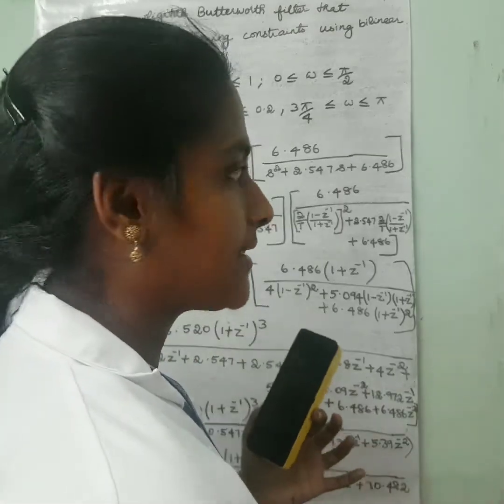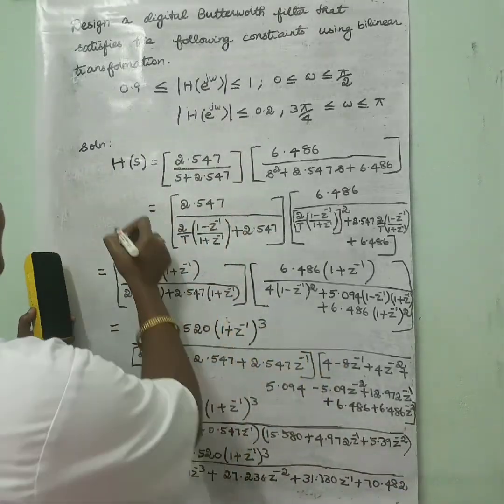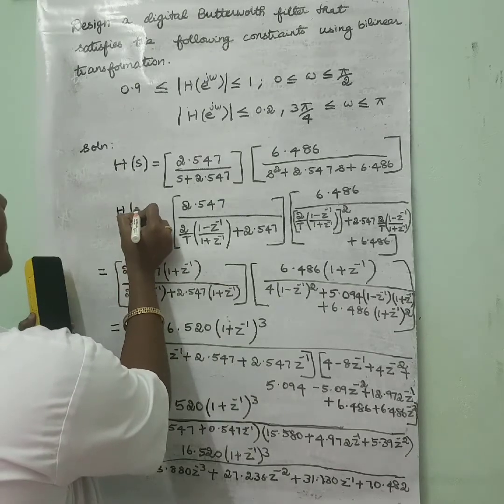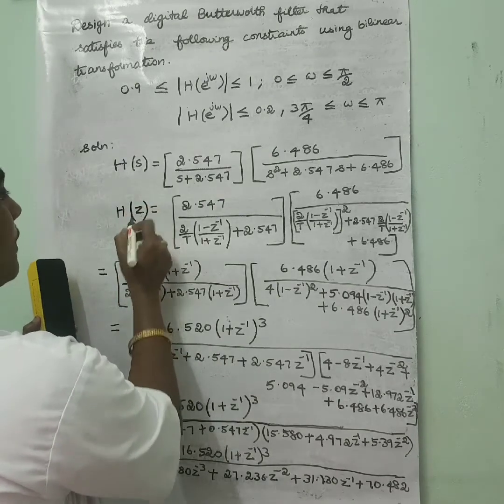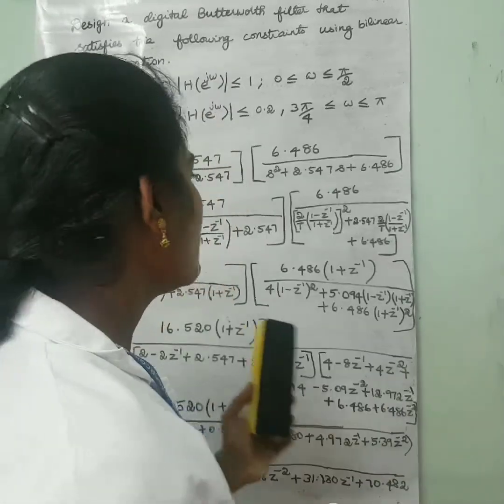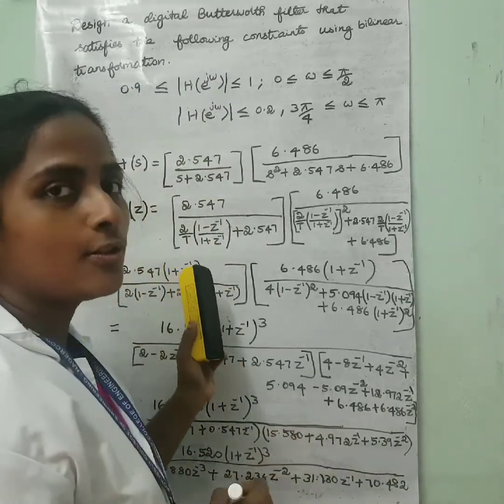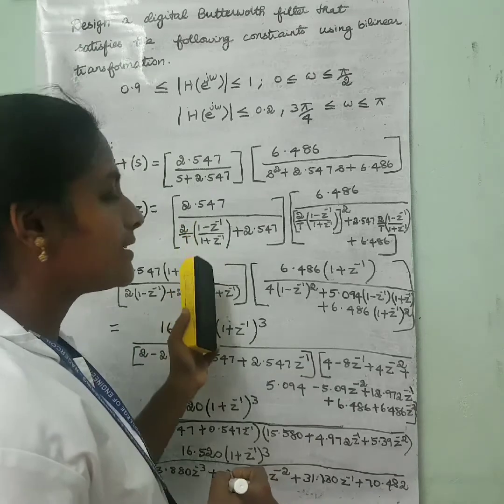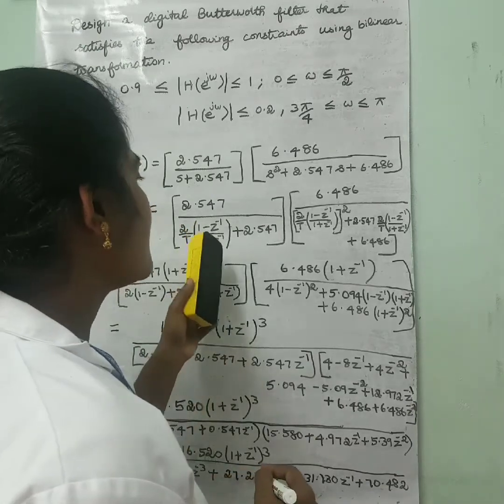The s to z mapping can be done by the bilinear transformation. So H(z) equals, in the place of s, you substitute 2 by T into (1 minus z inverse) divided by (1 plus z inverse).